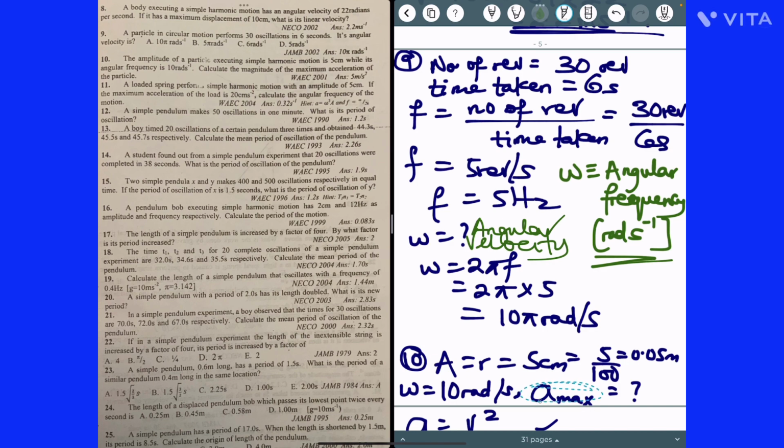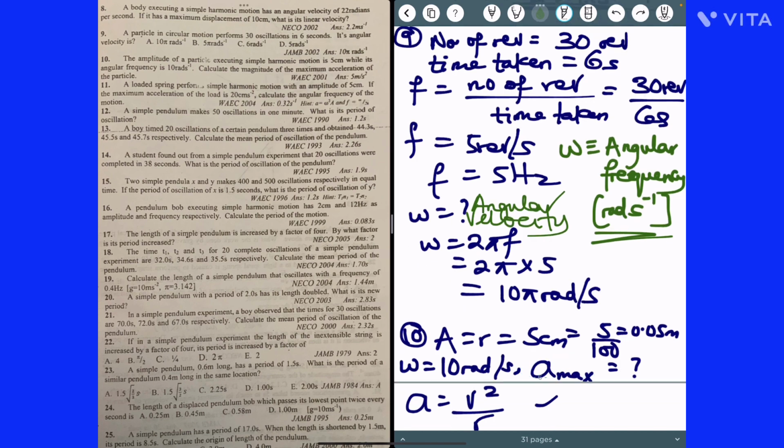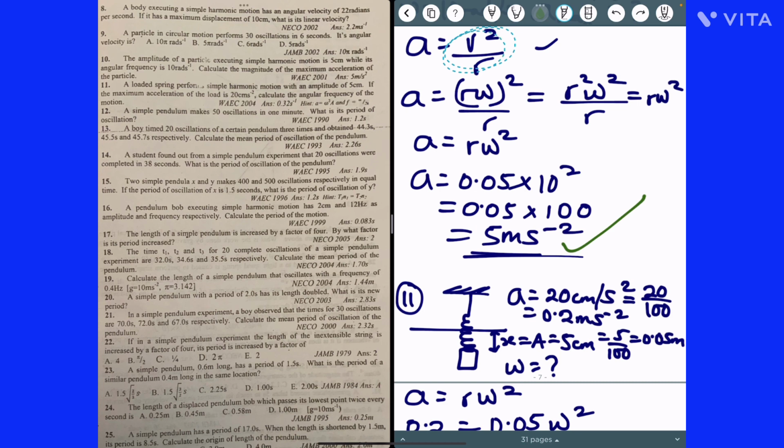Maximum acceleration, very simple. So we go to A is V squared over R. The maximum acceleration of that object in simple harmonic motion is V squared over R. Now V is RW. That means V squared over R will be RW times RW, or RW all squared, divided by R. That's R squared W squared over R. R will divide R. You have 1 R left, and W squared.